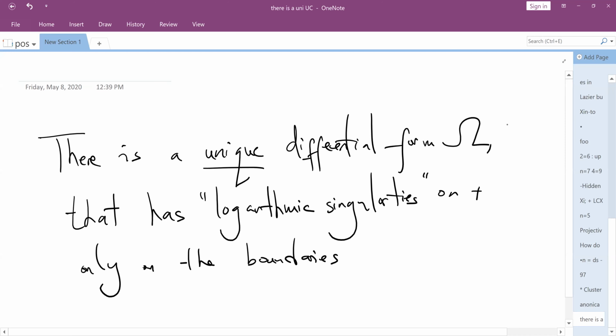So tied to the positive geometry, as the positive geometry is P, there's a form omega of P, such that there's a differential form that has logarithmic singularities on and only on the boundaries of P.